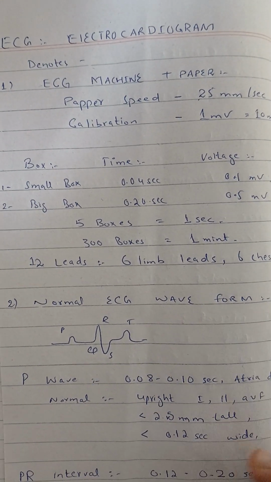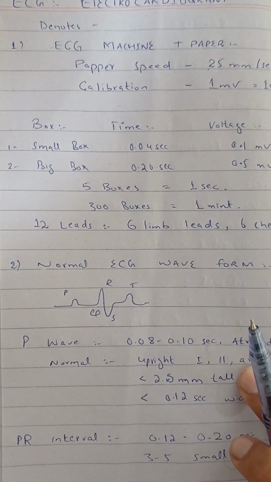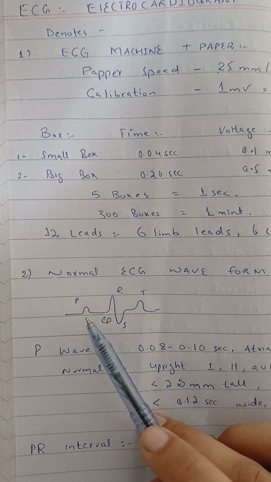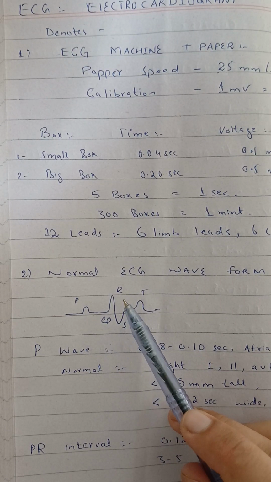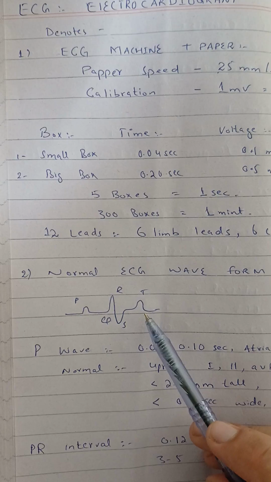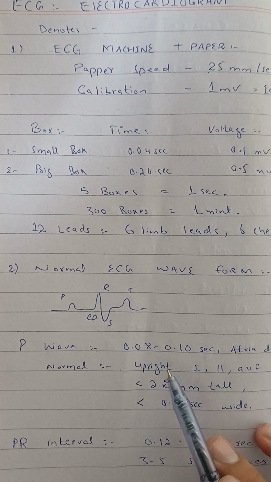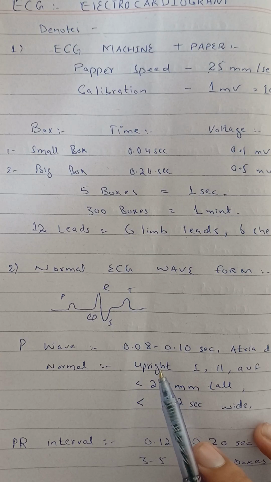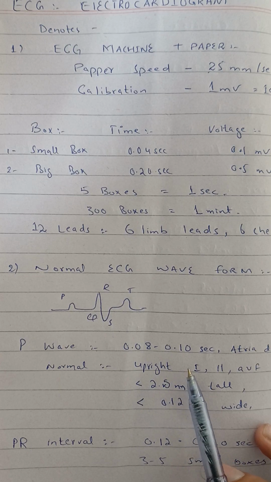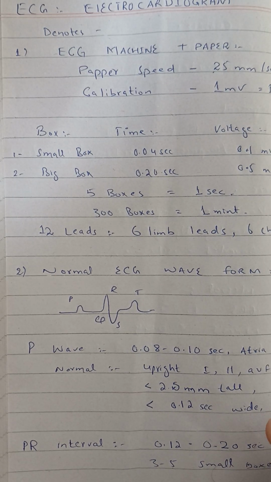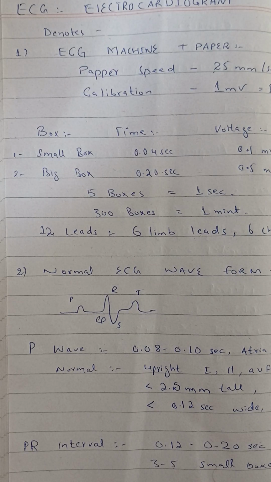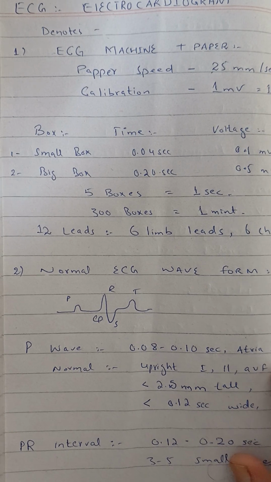Normal ECG waveforms. The normal ECG waves which form on the paper include the P wave, Q wave, R wave, S wave and T wave. P wave. The P wave time period will be 0.08 seconds to 0.1 second, and it is formed during atrial depolarization.